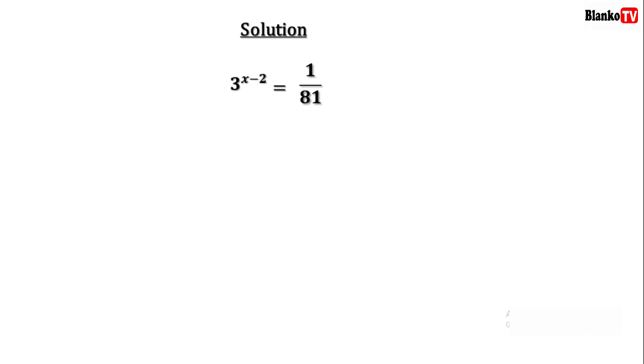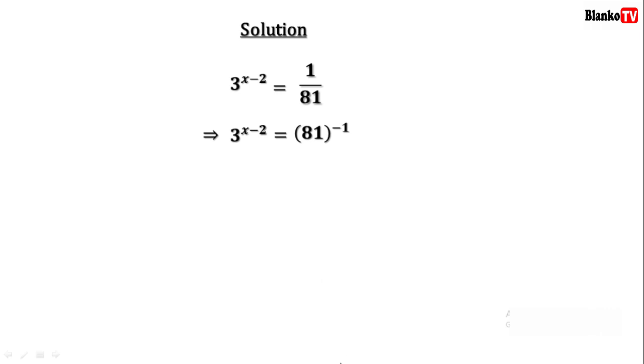Okay, so 3 raised to the power x minus 2 equals 81 raised to the power negative 1. So 1 over 81 is the same as what? 81 raised to the power negative 1.